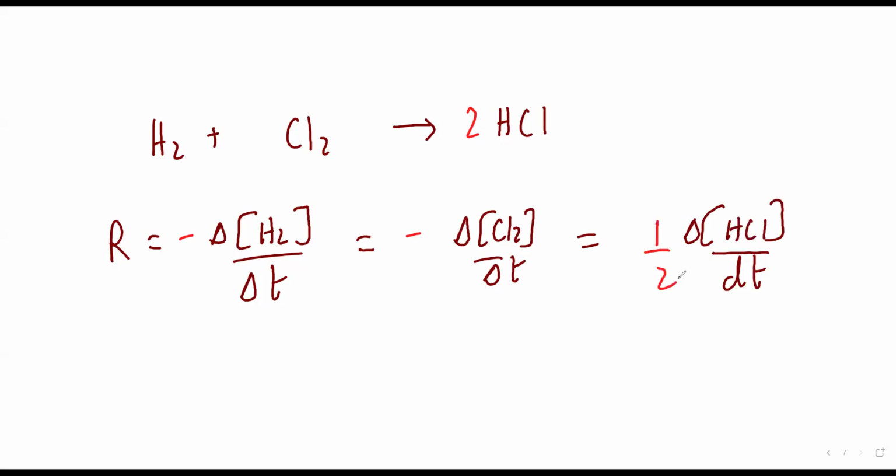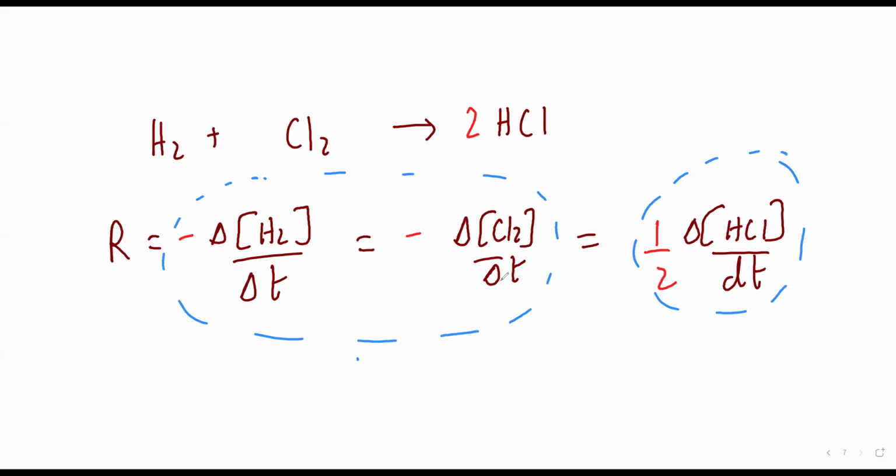Have you understood this? Now, among these three, I'll give you the value of any one, and then I'll tell you to find the value of the remaining. Suppose, what is the relation? This is the reactant, na? So this is the rate of disappearance, and this is the rate of formation. Now suppose I tell you, write the relation between the rate of disappearance of chlorine and the formation of HCl.